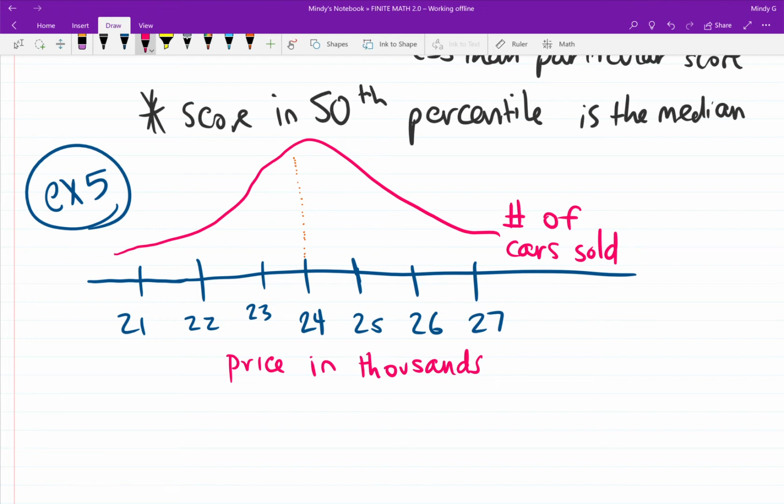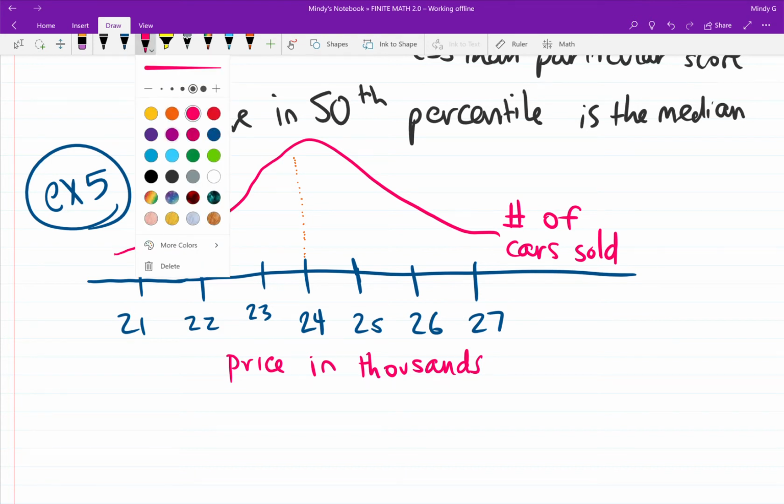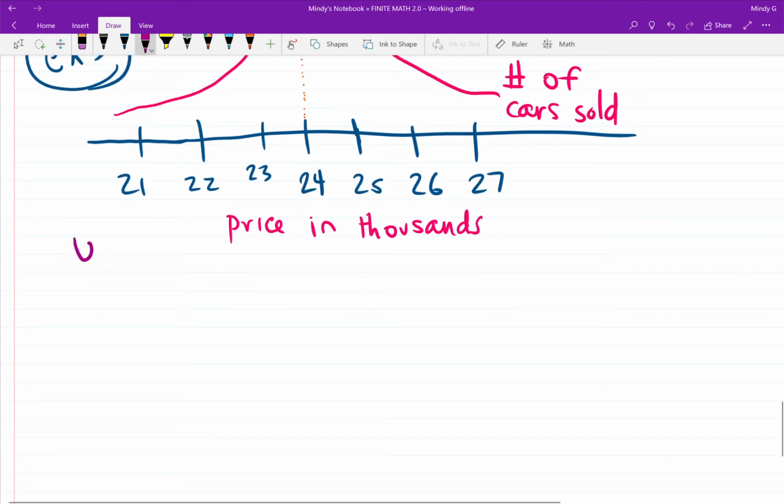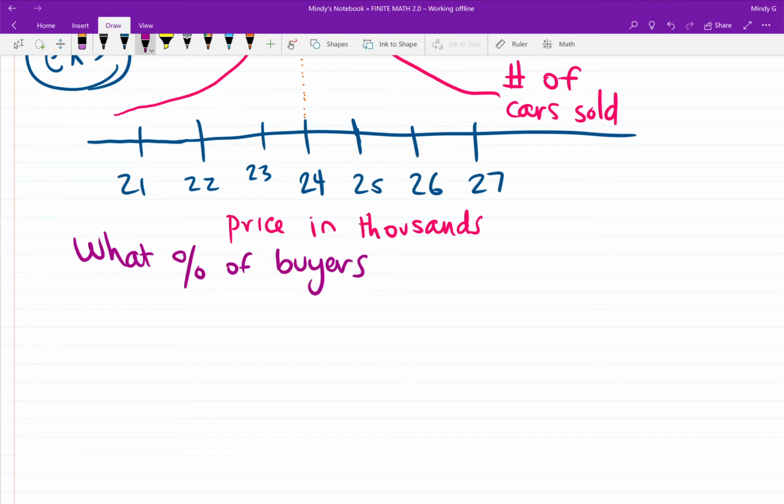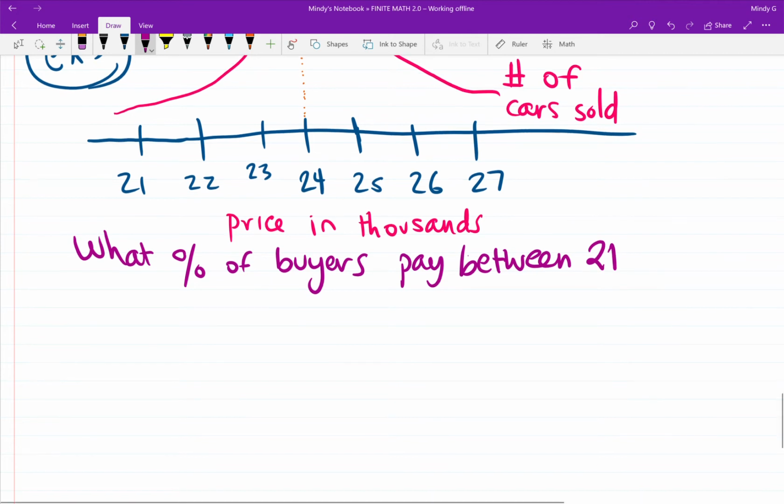All right, so here we go. What percent of buyers paid between 21 and 25,000?